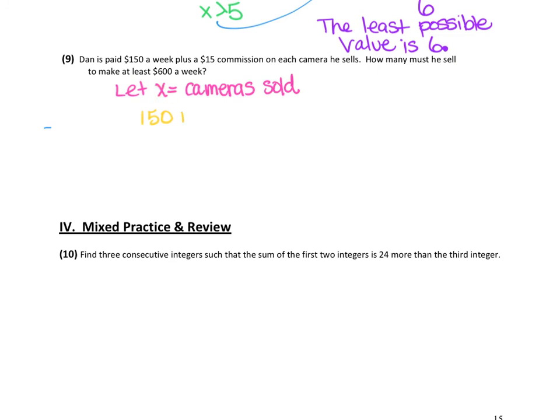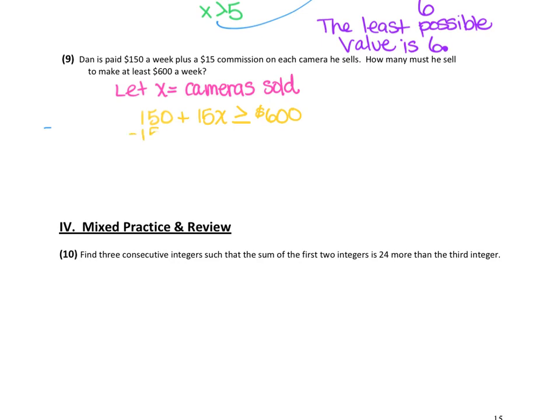So we're going to add 15 times the number of cameras that he sells. I just got done telling you that I put the variable first. This time I didn't. So he must make at least $600 a week. That means he needs to make greater than or equal to $600.